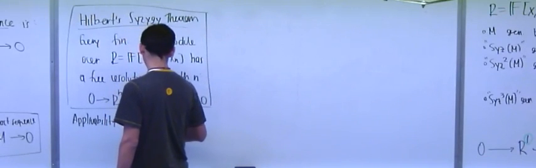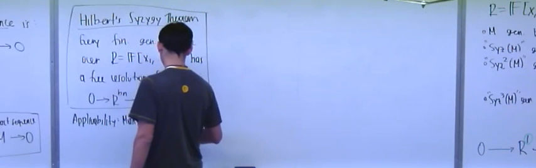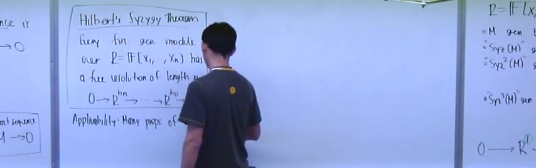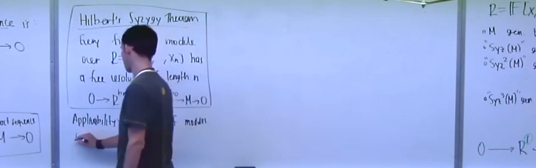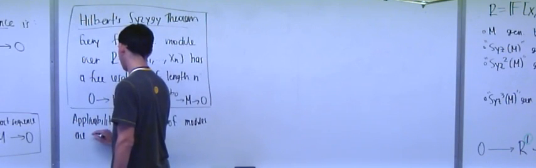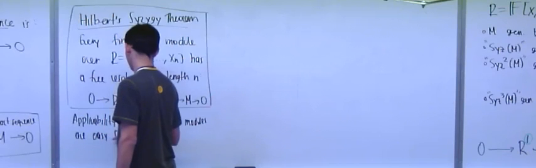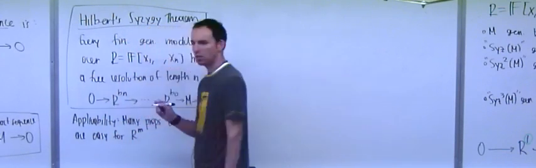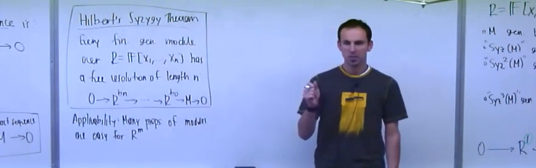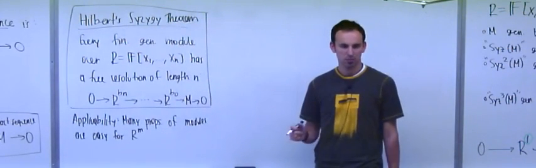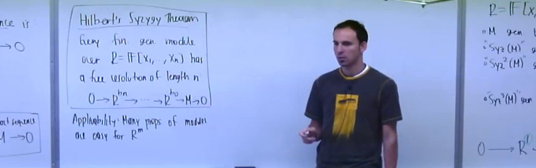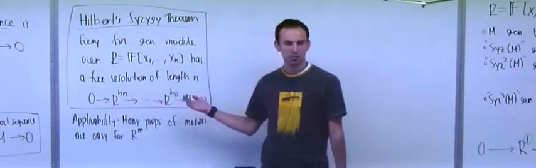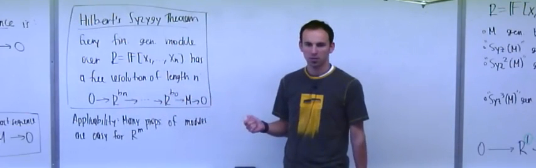So many properties of modules are very easy for free modules. And they behave very nicely with respect to exact sequences. What I mean by that is that sometimes if you have an exact sequence, you can propagate properties of the module.